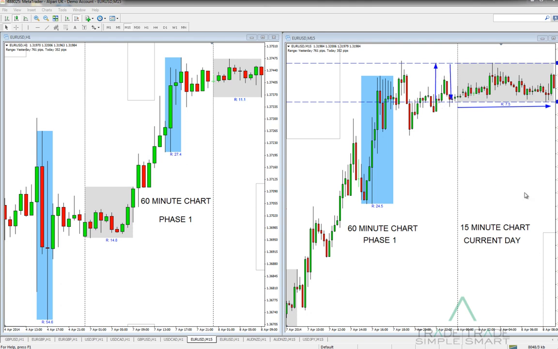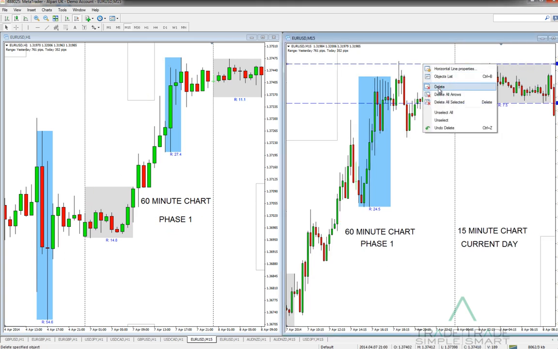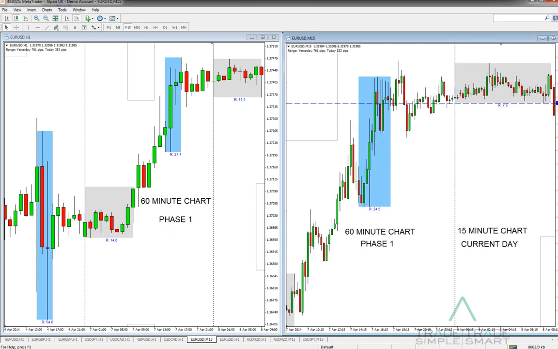Okay, so the levels we're going to mark off must be in line with the present smart money trend. All that means is, if for example we have recognized phase 1 coming out of level 3 accumulation to the upside, and we're expecting our second phase on the current trading day, we're going to be looking for the manipulation of sell orders.